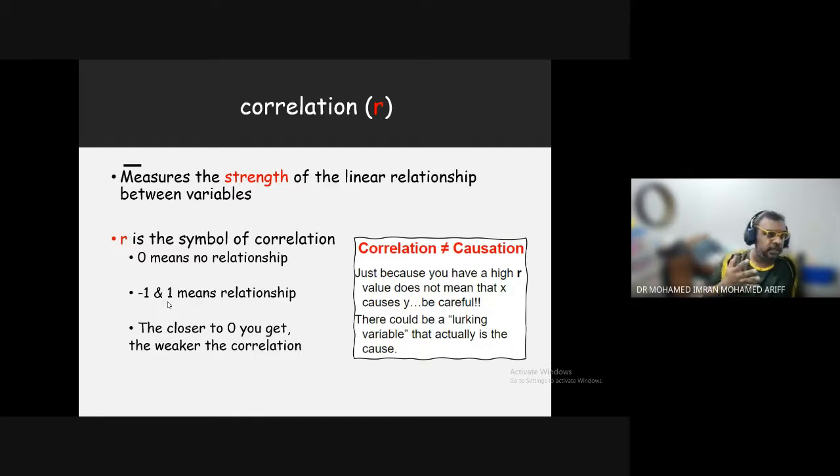Oh, peer pressure. It could be because the sale is so good. We don't need the item, tapi it's so good that we buy. Walaupun kita tak perlukan lah. Okay, it could be that. But we don't know. So, that's why dia kata, walaupun X betul causes Y, tapi that is not, it could not be the case. That means it could be something more.